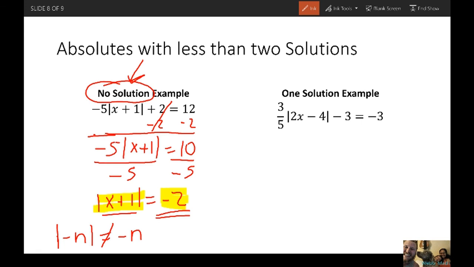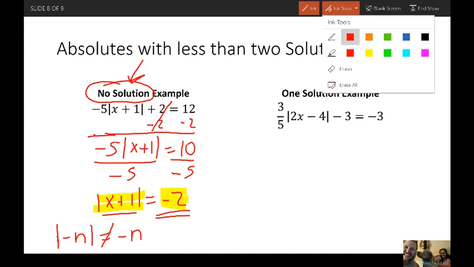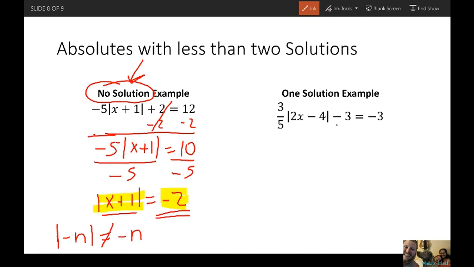Okay, one solution example. So let's go ahead and solve for this guy. I'll use the addition property. And I'll go ahead and get 3/5 times the absolute value of 2x minus 4, and that's all equaling 0.